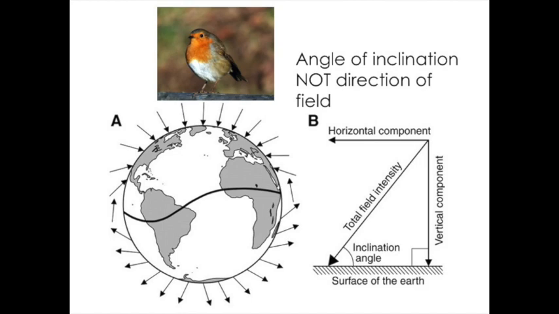What is an inclination compass? What an inclination compass does is it detects the inclination angle of the Earth's magnetic field against the surface of the Earth. So this shows the lines of the Earth's magnetic field, and at the poles they're vertical, at the equator they're horizontal.